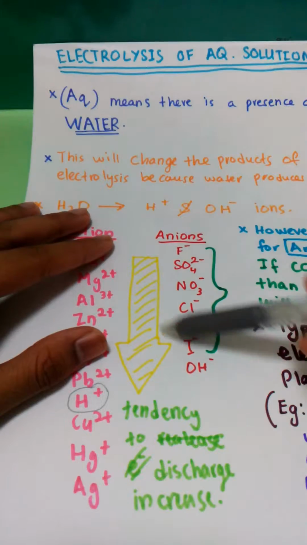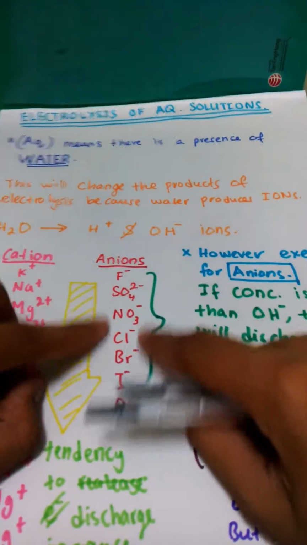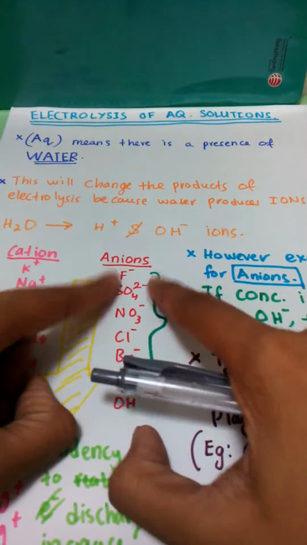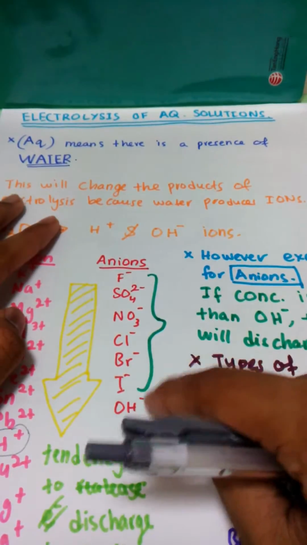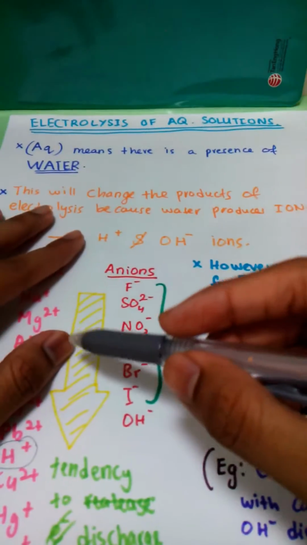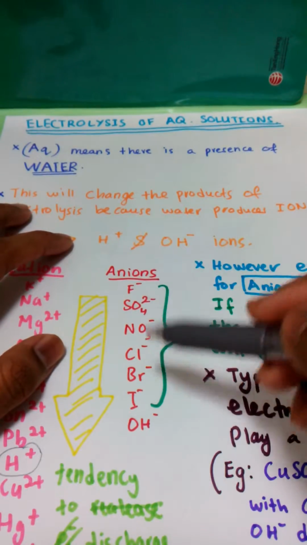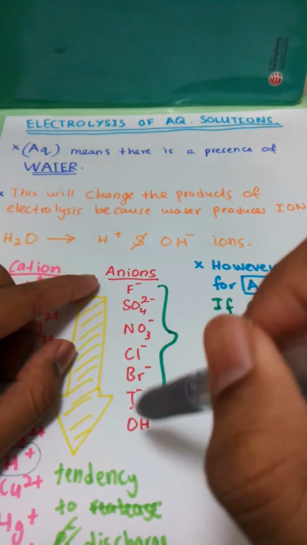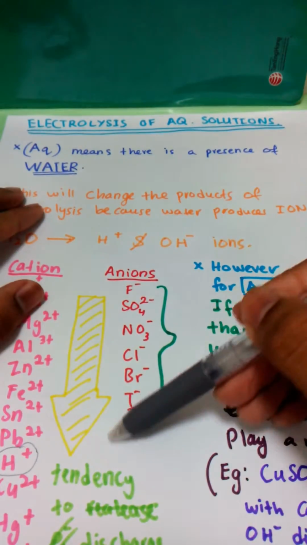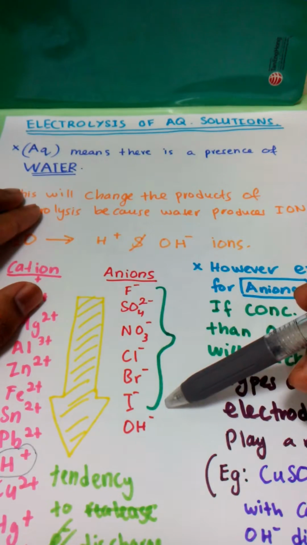So now the anion part. Who will get discharged here? The OH or these? The answer would be OH. Every time it will be OH, but there is an exception I'll talk about in a bit. On normal circumstances, OH discharges first because it's at the lowest point in the reactivity series.